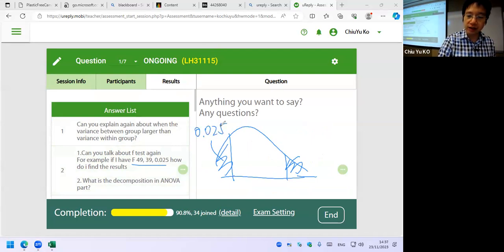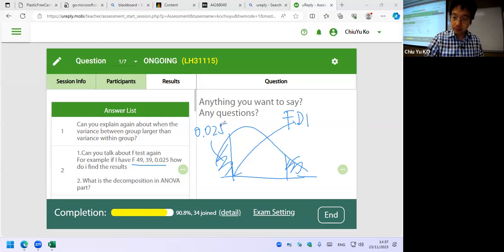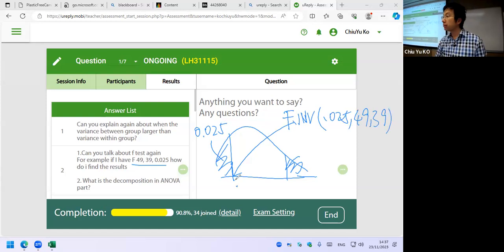How do you find this number there? It is F inverse, because it is just the area to here, right? 0.025, 49, 39. That's it. I don't know if I answered your question.